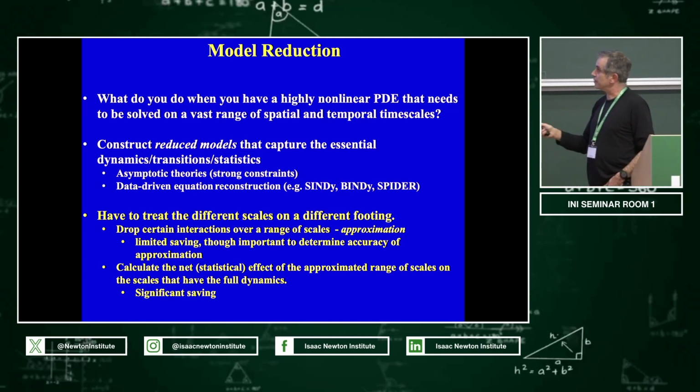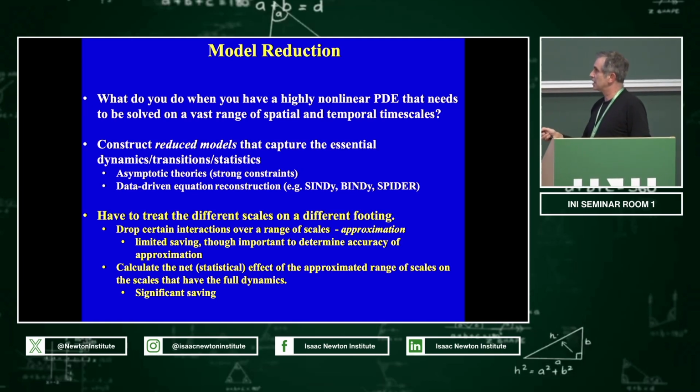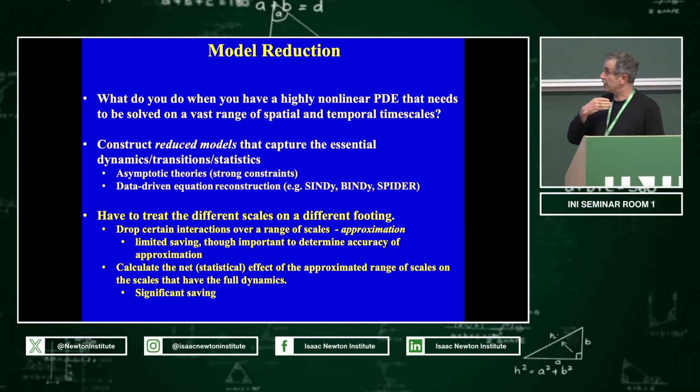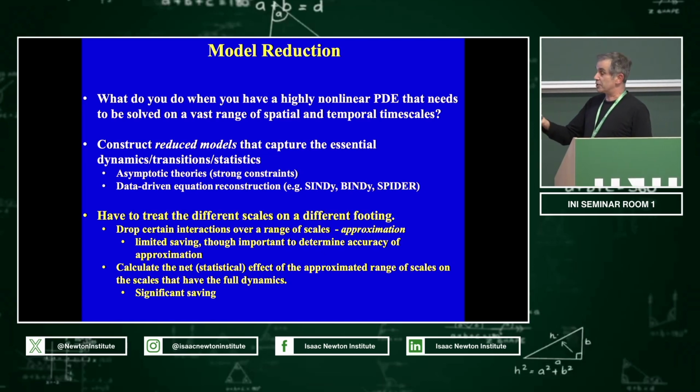And we've heard a lot about these asymptotic theories. And asymptotic models, if you have a parameter that's very small or very large, the non-dimensional parameters tend to be ratios of either length scales or time scales. You have a separation of scales, and you can derive reduced models, as we've heard about today.